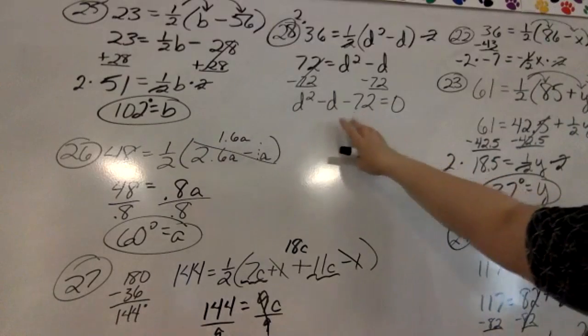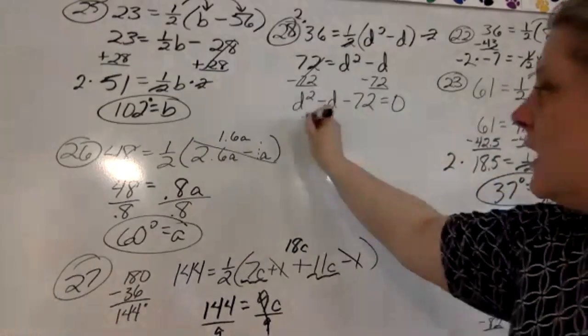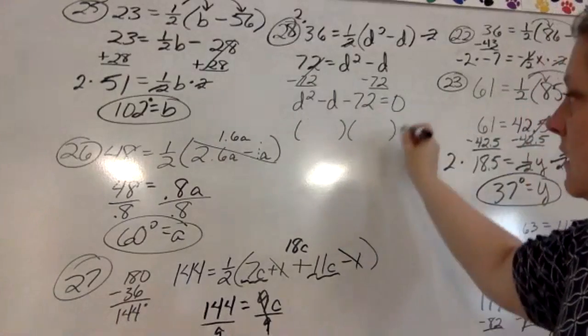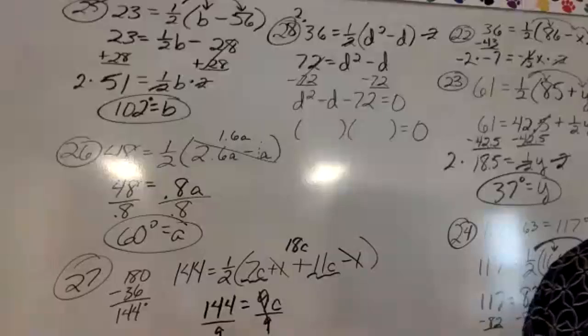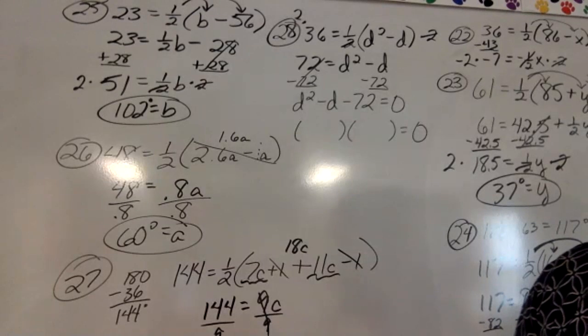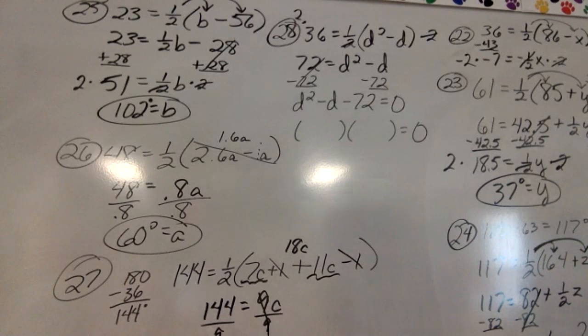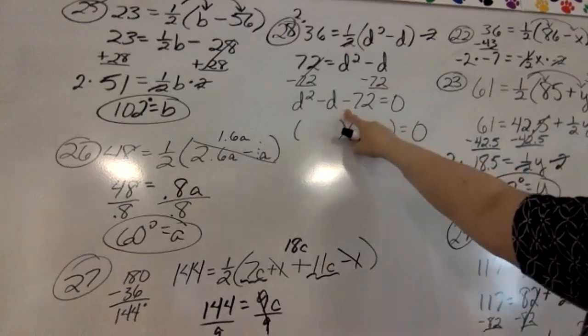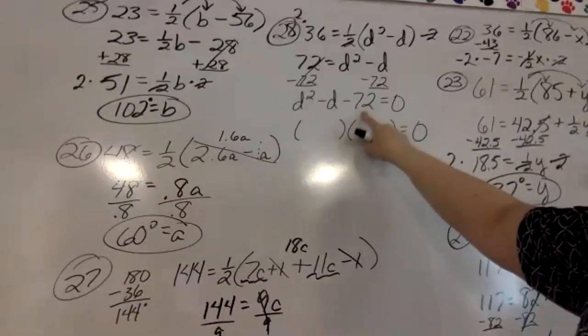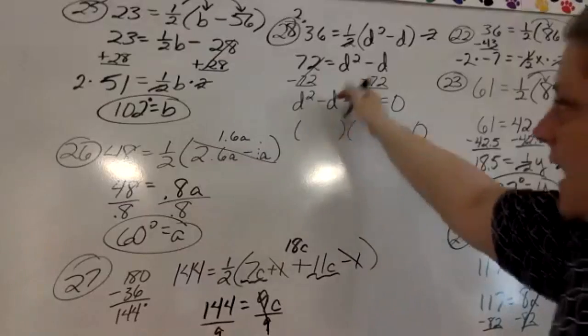When you get to this point, we factor. Does anybody remember doing this on some of the other problems we did before spring break? You have subtraction. You're looking for factors of 72 that subtract to equal 1.